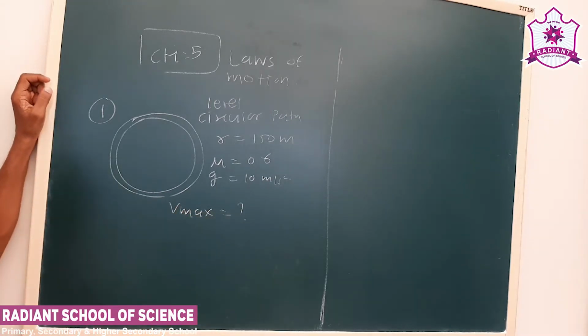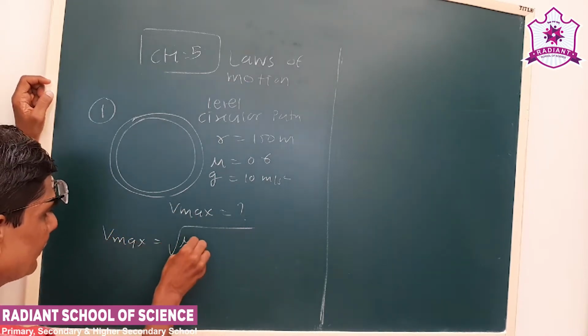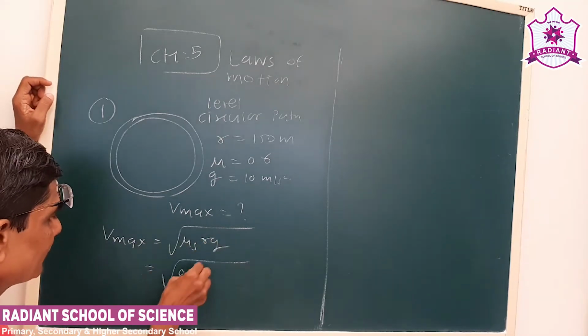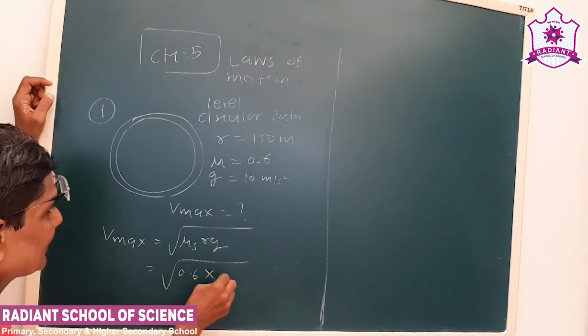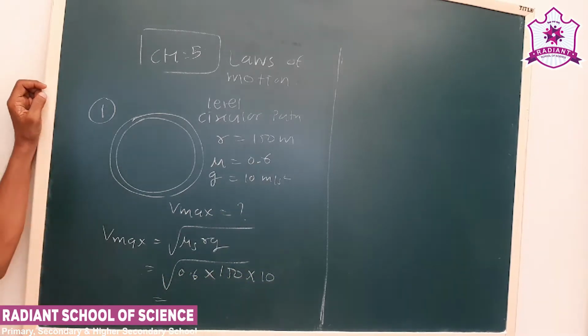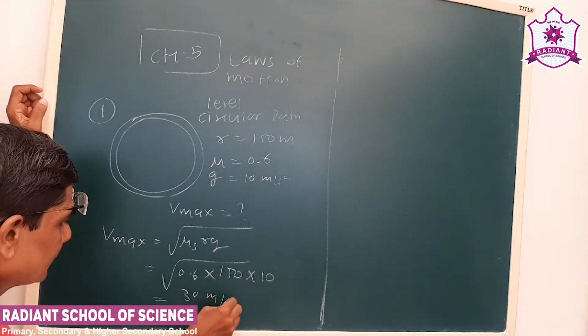We discussed in the theory part that Vmax, the maximum speed on a level circular track, is root of mu s into R g. Mu s is 0.6, R is 150 meter, g is 10. If I solve, we'll get the value as 30 meter per second.